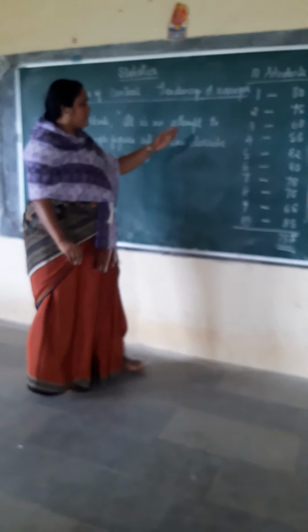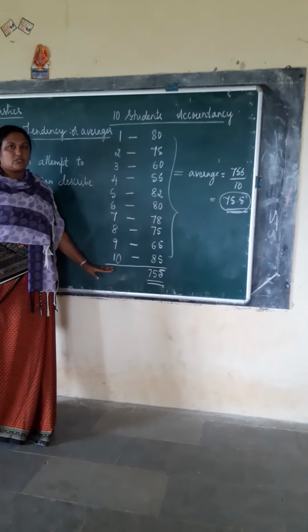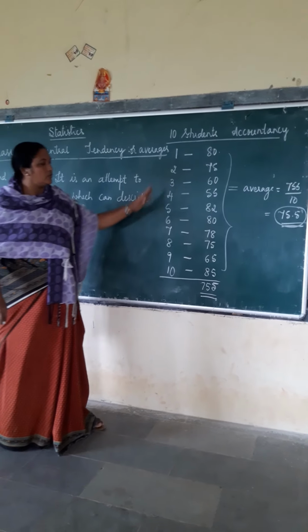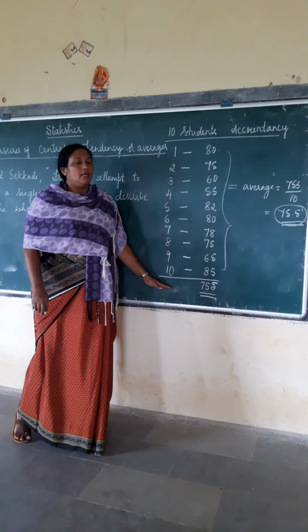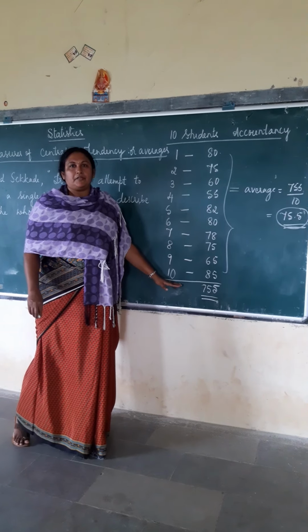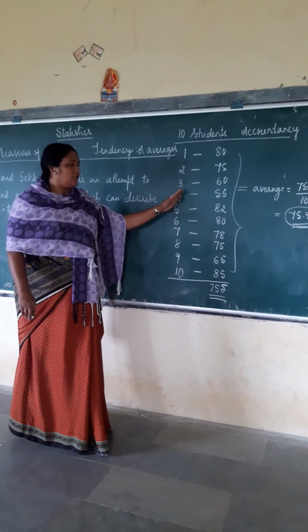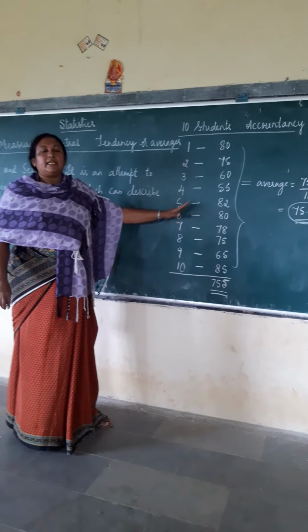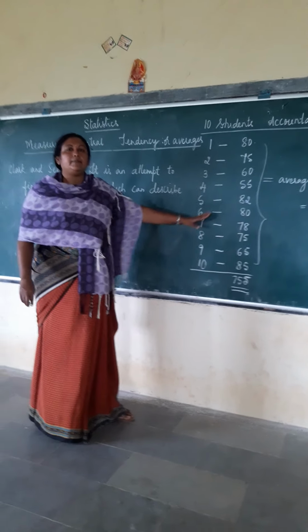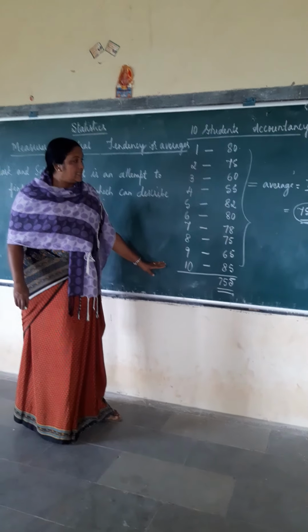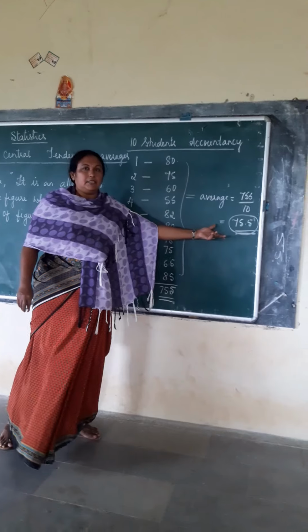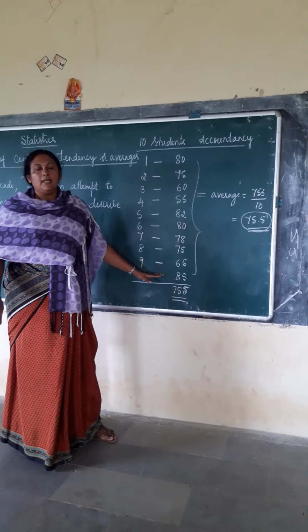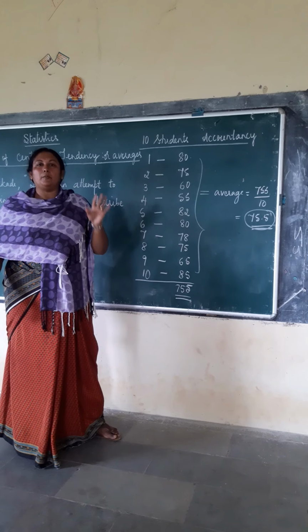So here we have taken only the marks of 10 students. Imagine there are 100 students in a class. Then how do you remember the marks of each student and what decision can you take out of it? It's very difficult. When the number of items under study keeps increasing, the data becomes complicated and difficult to understand. Instead, if you get one figure which would describe the whole of figures in the given data, then you will be able to form a decision.